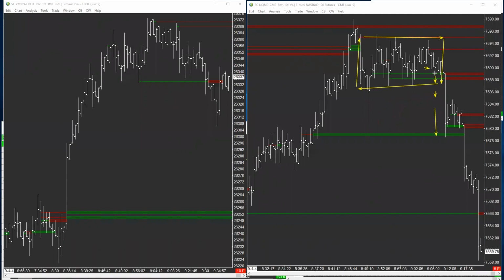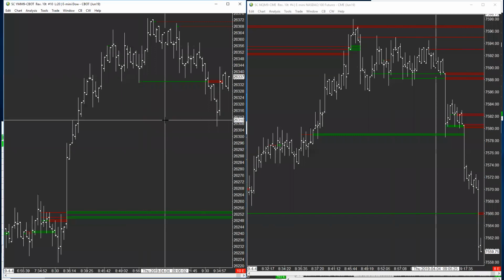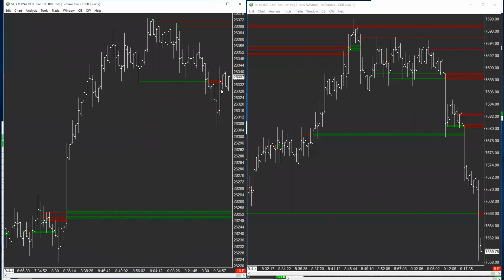And when it left, it was gone. Went to this support, chopped, went to, well, this support worked over here, drove through it, got real weak real fast, and it brought the ES along with it, and even the Dow along with it. So that's what's important to do in a market relationship scenario.